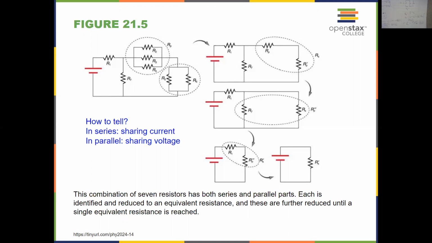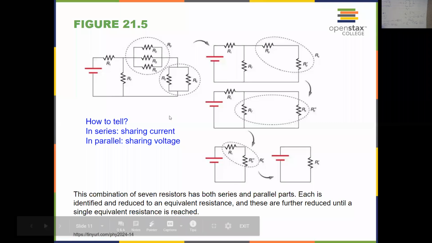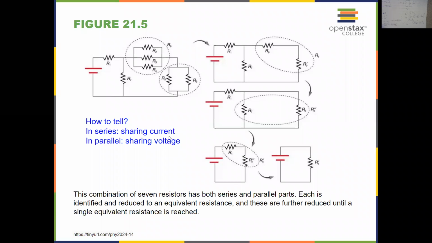Again, it takes practice, but the rule is: if they have the same current, they are in series to each other. If they are in parallel, they share voltage. For example, those three will have the same voltage across them, because they are purely in parallel.